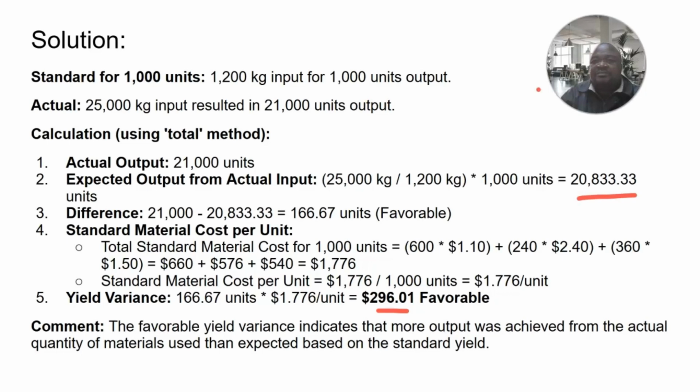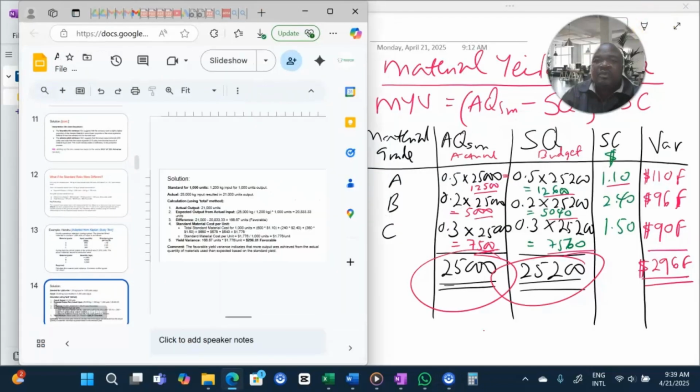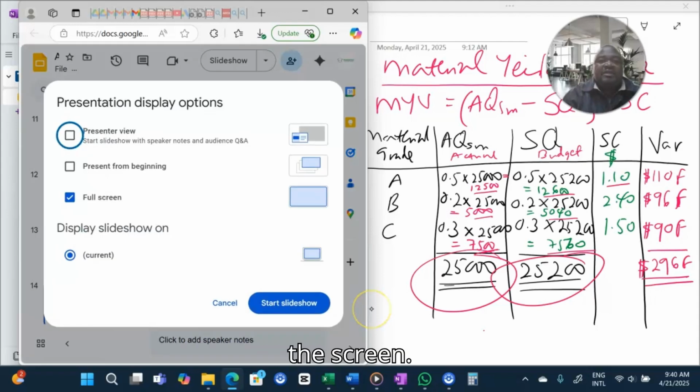Okay, and as you can see again on the screen there, let me show you the computations. All right, so as you can see, the screen.